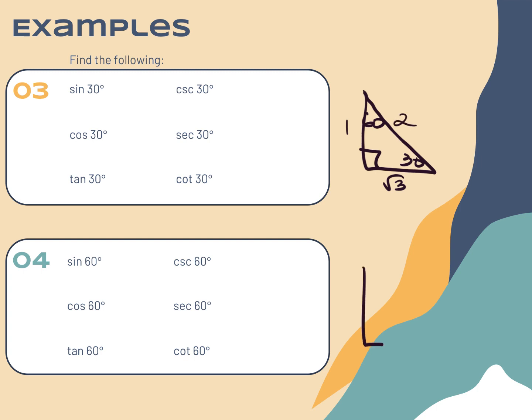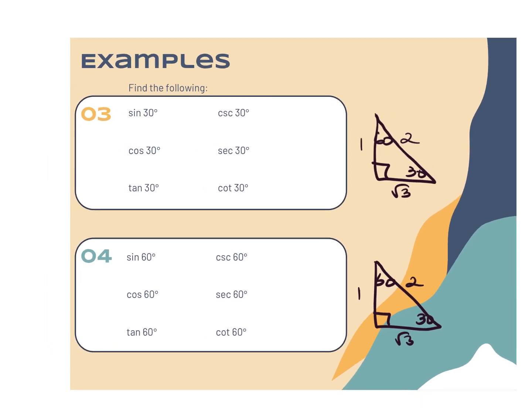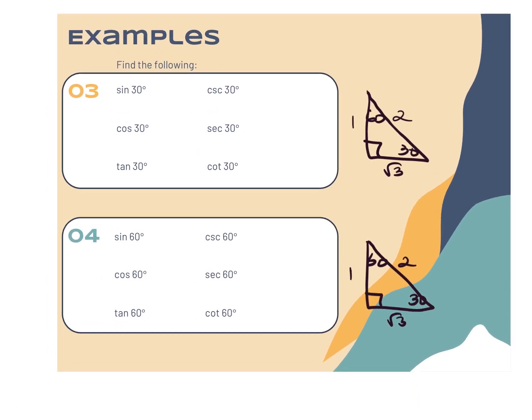Down here, I'm going to do the same thing: 60, 30, the right angle, and then 1, square root 3, and 2. Now I'm going to label my sides based off of the angle they're asking me to find all 6 numbers for. This one is all for the 30. So the side that is the hypotenuse is here.